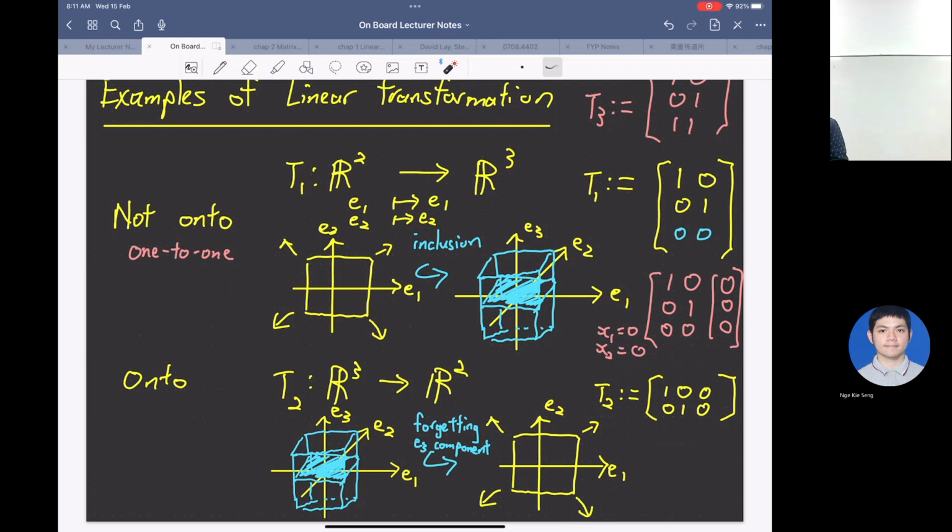No. Why? S3 is free. Good. So if you solve this matrix in a homogeneous system, you find that S1 equals 0, S2 equals 0, but S3 can be anything. So it's not one-to-one.